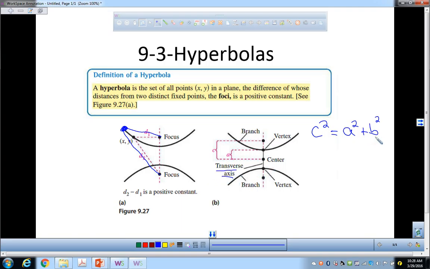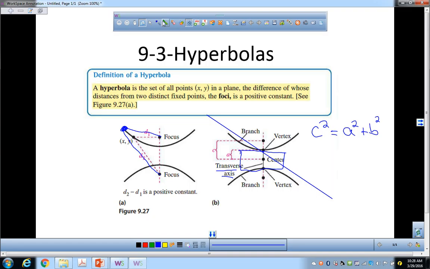What does b represent? We'll talk about that in a little bit, but b represents the direction that the hyperbola stretches. What happens is I draw in some asymptotes. Oh, that's not a very good asymptote.